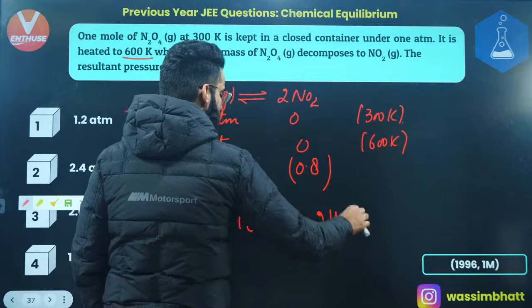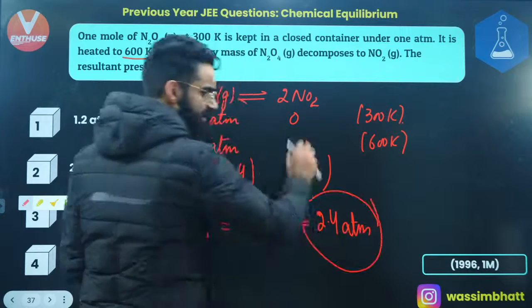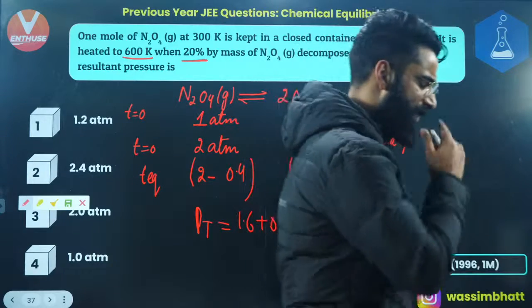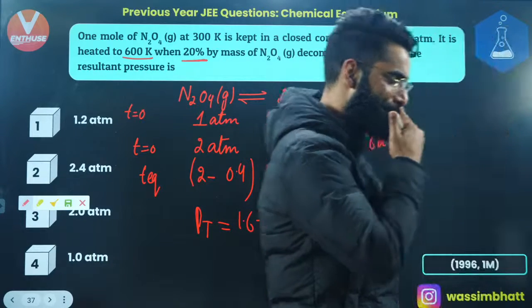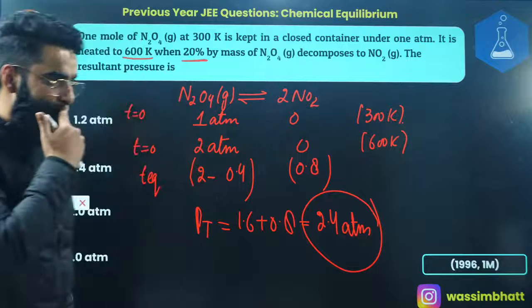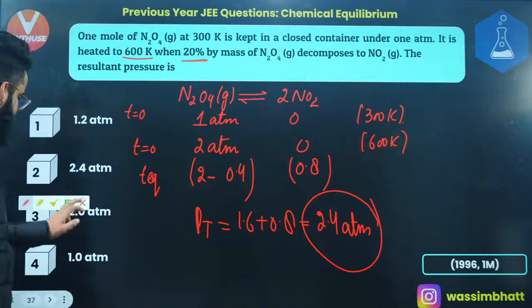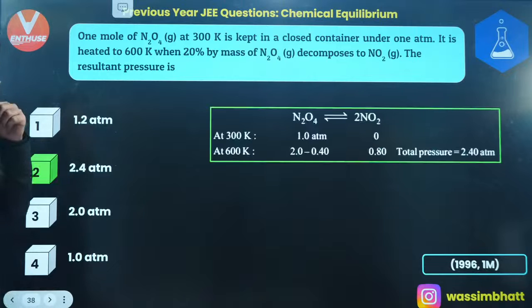So 2.4 atm is the resulting pressure of the system. Simple question again. So 2.4 atm is the final answer.